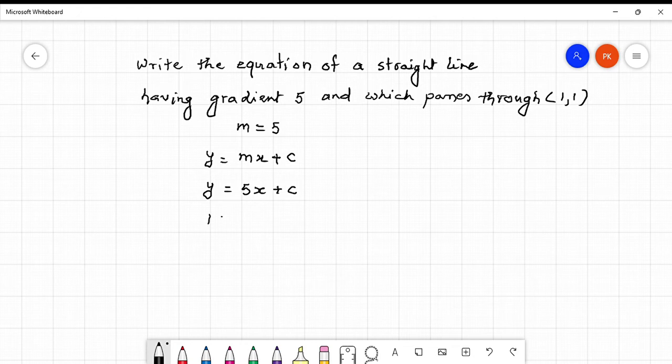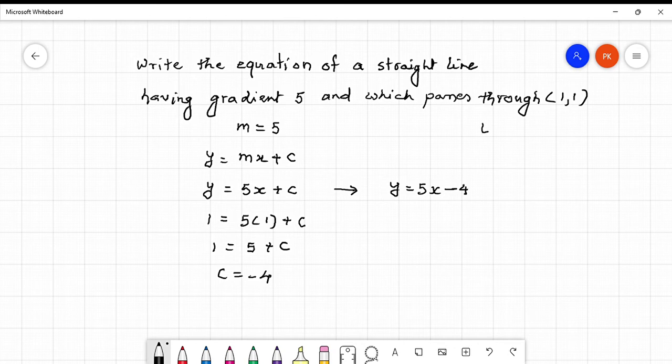So 1 is equal to 5 into 1 plus c. So 1 is equal to 5 plus c. So c is equal to negative 4. 1 minus 5, that is negative 4. And put it in this equation back. So y is equal to 5x minus 4. That means this line has gradient 5 and the y-intercept is negative 4.